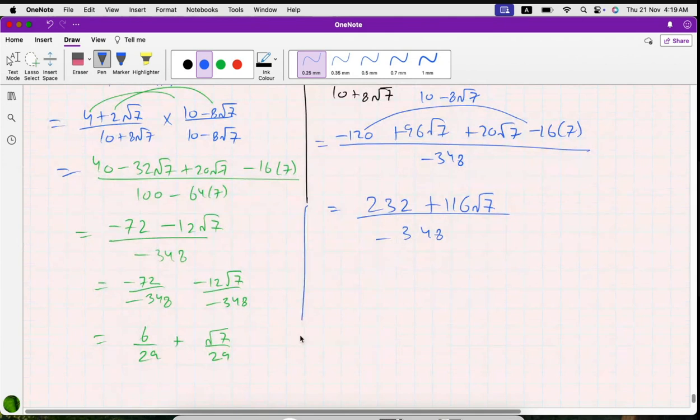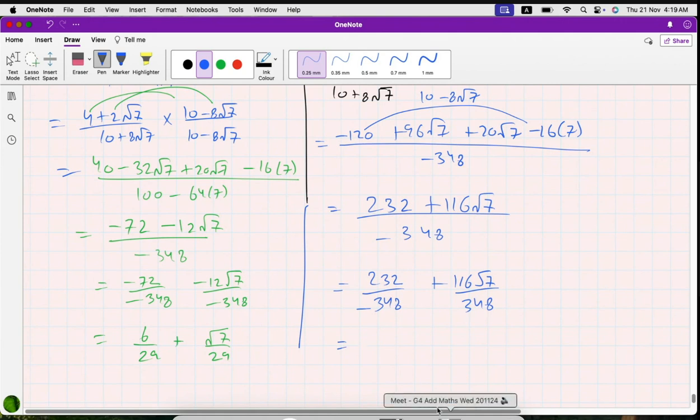Now we'll simplify that again. 232 by 348 plus 116 square root 7 over 348. 232 by 348 is 2 by 3 and 116 by 348 is 1 by 3. So these are our two different answers in the form of a plus b square root 7.